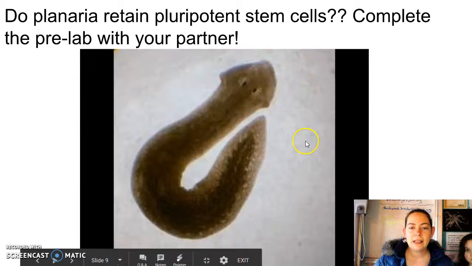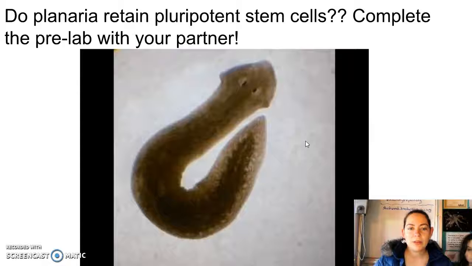In our body, I told you that we only have multipotent stem cells. So that limits our ability to regenerate new tissues. If we get an arm cut off, we might be able to heal over the wound with some skin, but we can't regrow an arm like a lizard can.